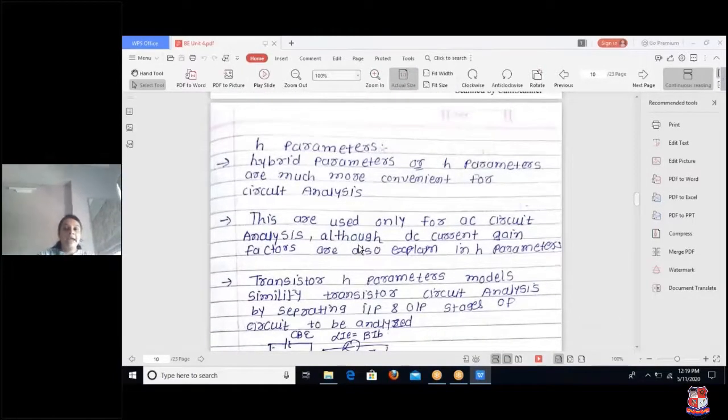Now we show the H parameter. H parameter is known as a hybrid parameter. In the last topic we showed the R parameter. Now we show the H parameter, which is known as a hybrid parameter.